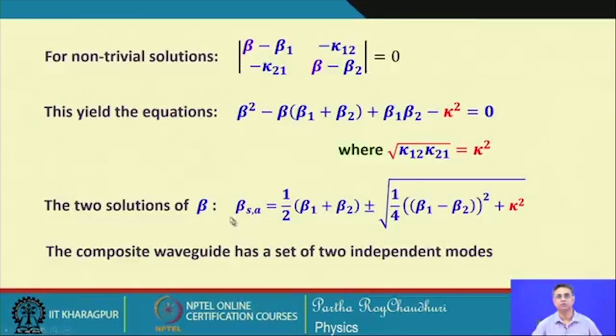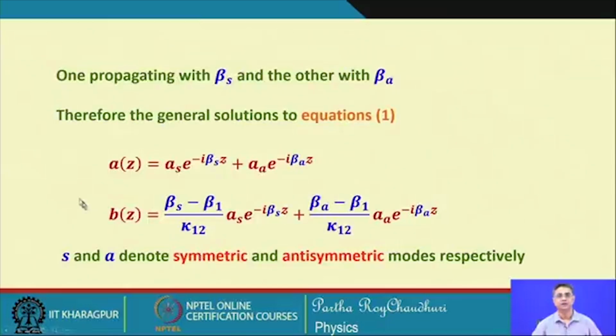These two modes will have two different propagation constants as a solution of these quadratic equations, which are beta S and beta A, and are given by this equation. So, one of these two waves of the composite system is propagating with a propagation constant beta S, and the other one with a propagation constant beta A. So, this beta S represents the symmetric mode, and this one the antisymmetric mode.